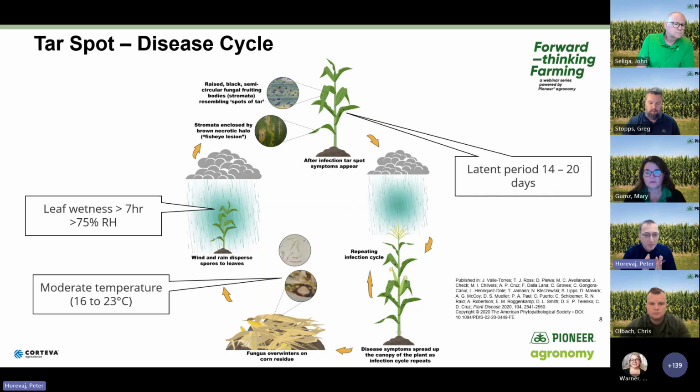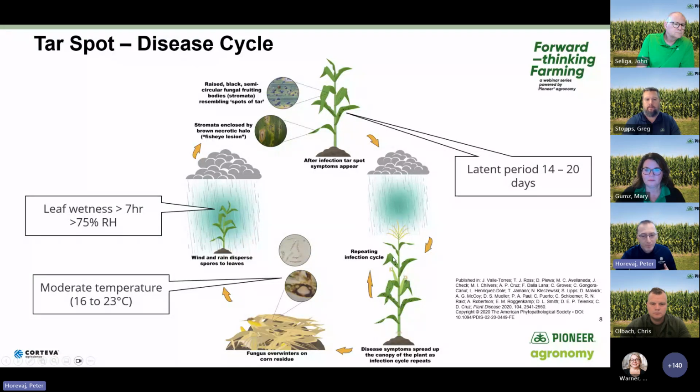It can pass 2 to 3 weeks until you see the symptoms. So if you start seeing those tar spots on your leaf, you might have had infections 3 weeks ago.